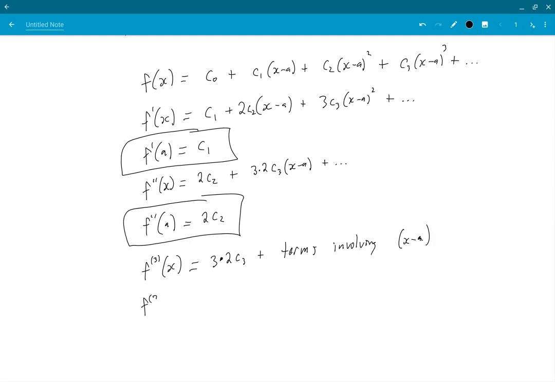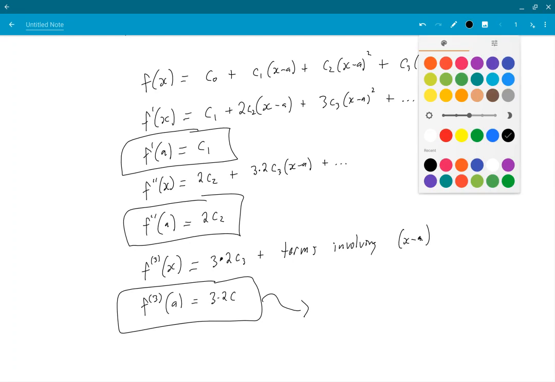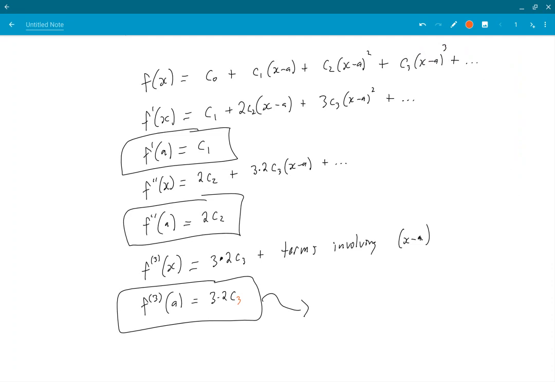So the third derivative with a plugged in is just 3 times 2 C3.